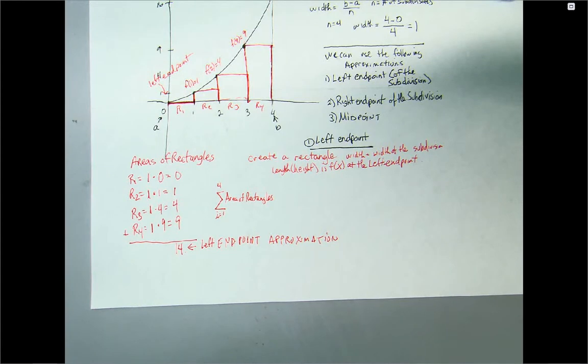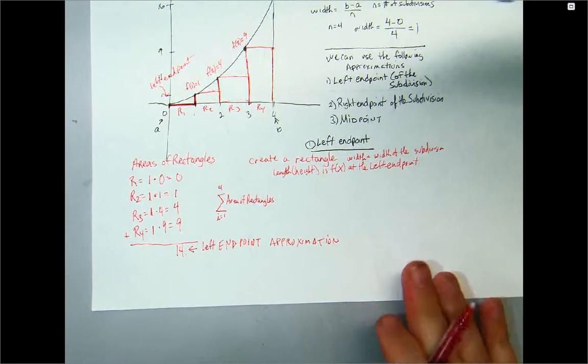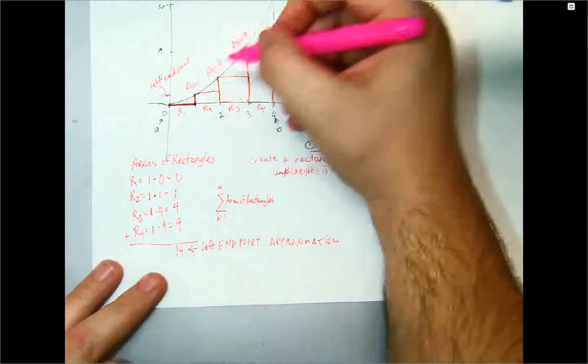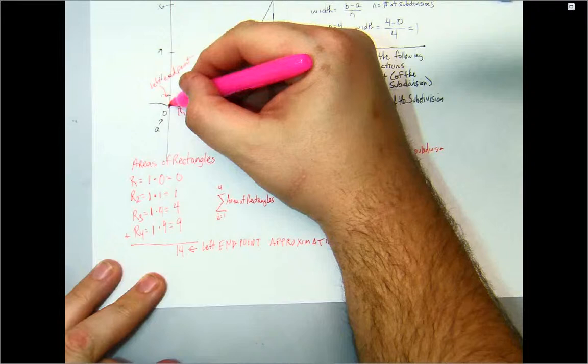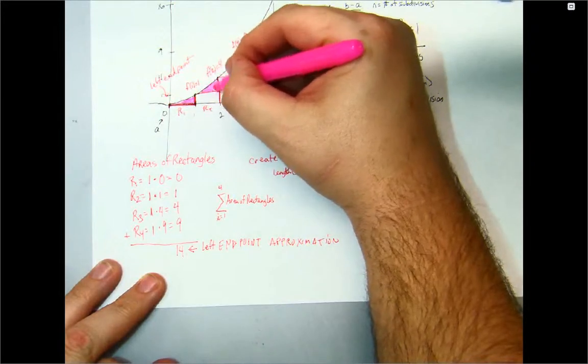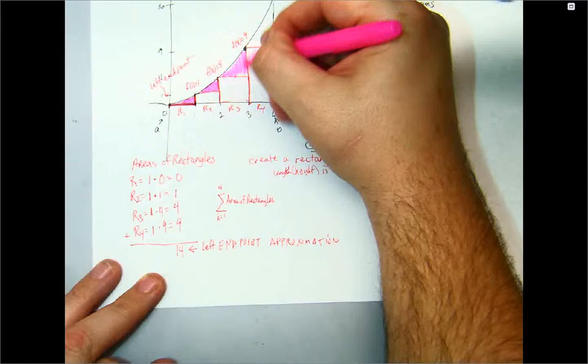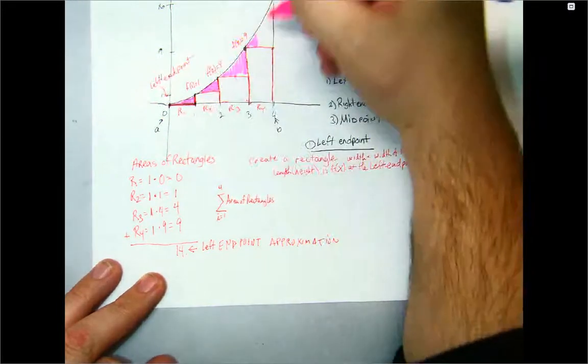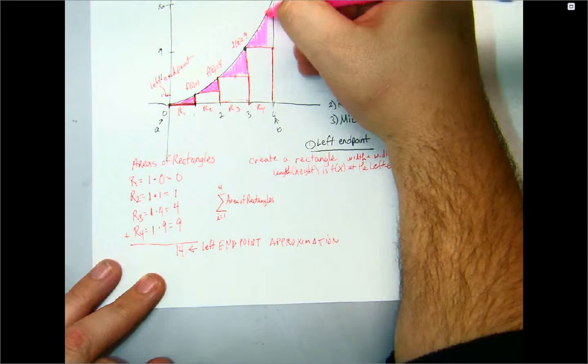Now, is this the actual area? Why do you say no? Yeah, all these little areas here, these aren't rectangles because that's a curve. Those that I just highlighted?